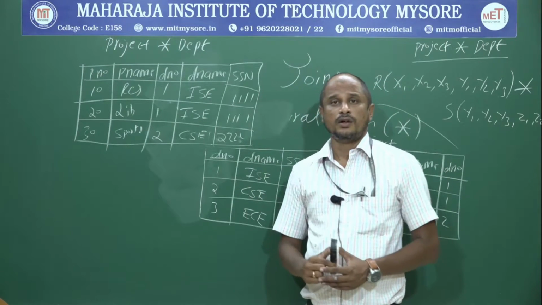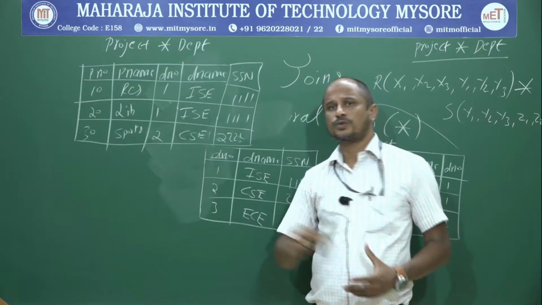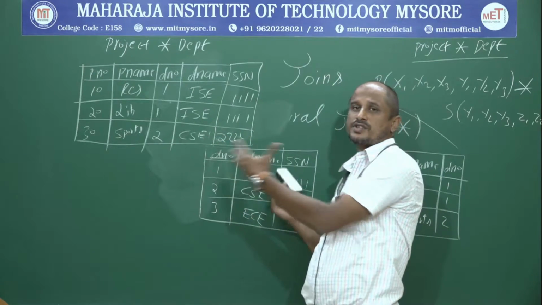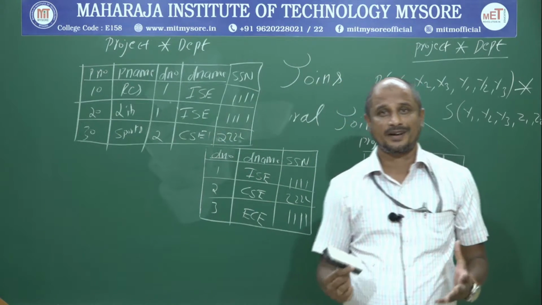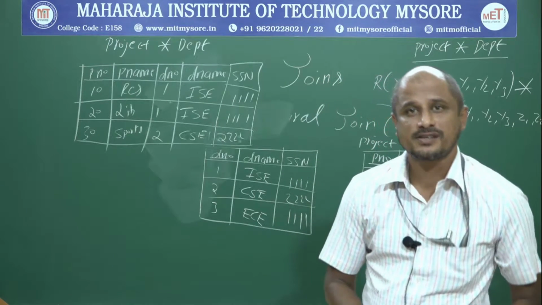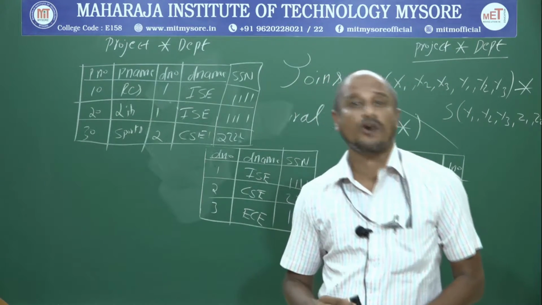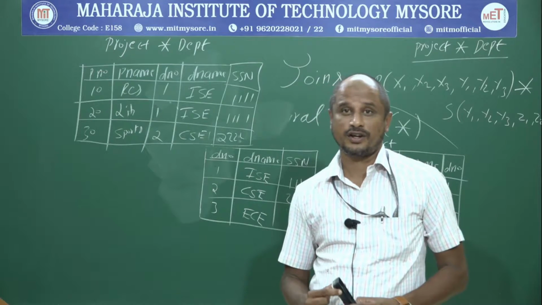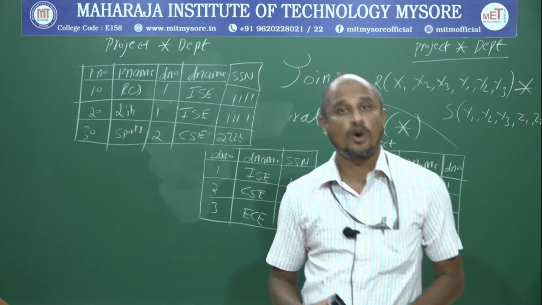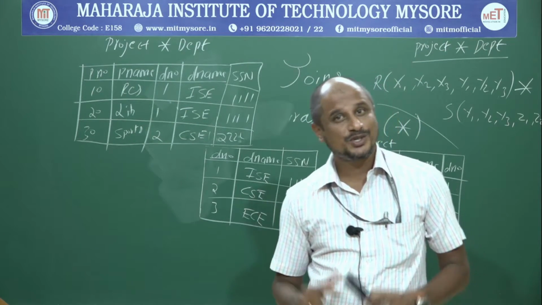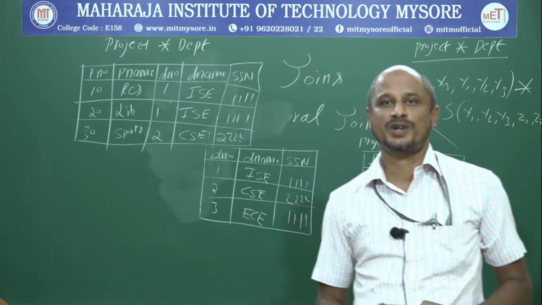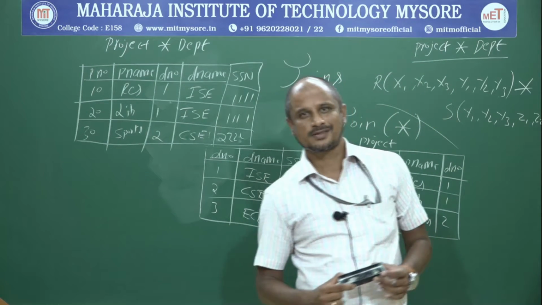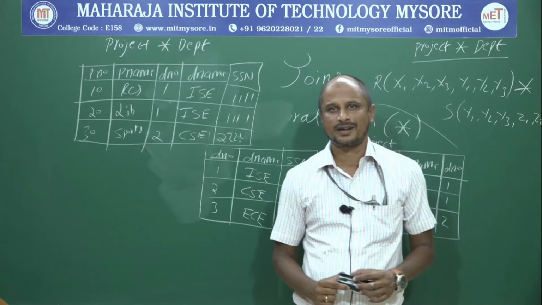Now, what is the drawback of natural join? It works well to join these two tables using common attribute called department number, right? So my question is, what may be the drawback of natural join when you're thinking about common attribute between the two tables? So what is the drawback, right?